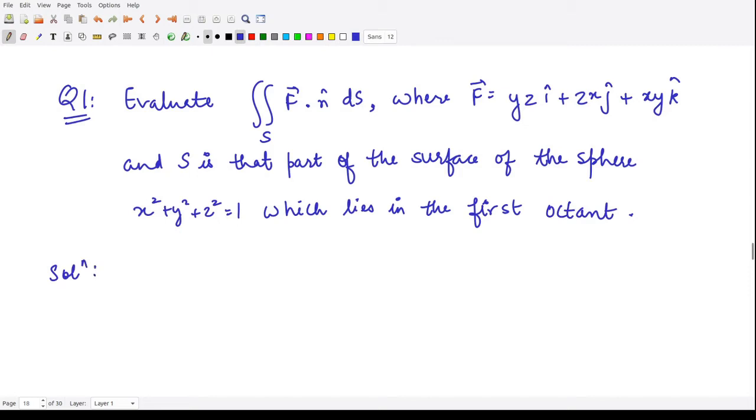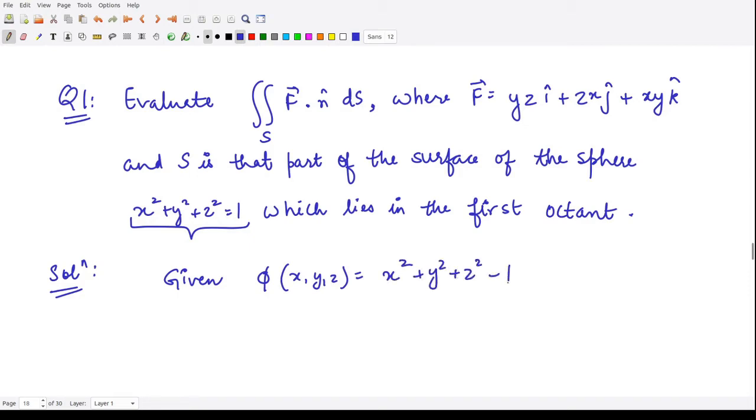So that means we are to calculate the surface integral over the part of this sphere. For that, we can have this sphere as the function phi(x, y, z), so this is equal to x square plus y square plus z square minus 1. This is our given surface.